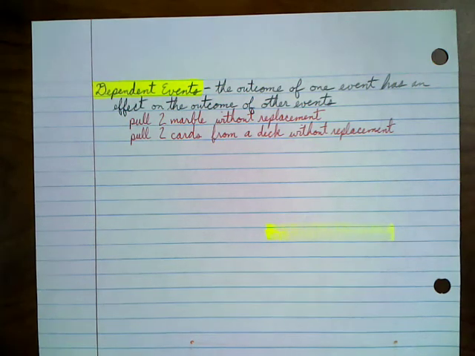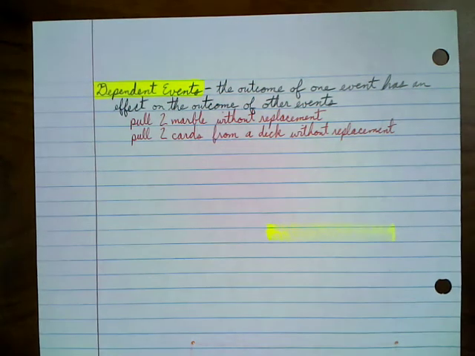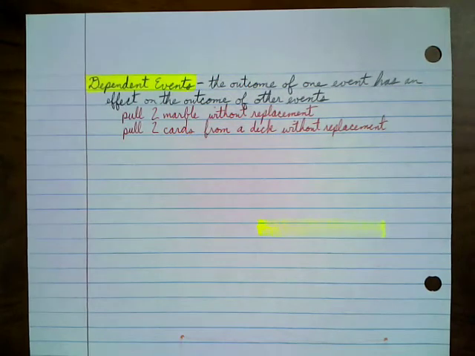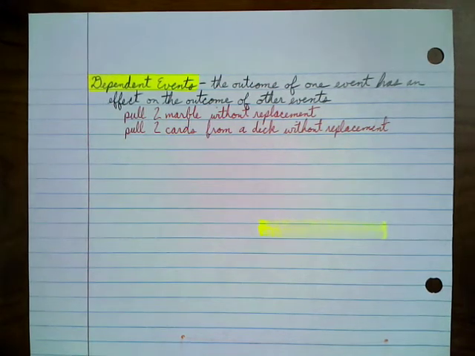We could also apply this to the classroom. If I had to choose a couple students to go help with something, what would be the probability that I would choose, let's say, 2 girls? Well, if you take a look at the probability of me choosing the first girl, if I were just randomly pulling a name out of a hat, there'd be a certain probability there. But the moment I've chosen that girl, I'm not going to choose her again.